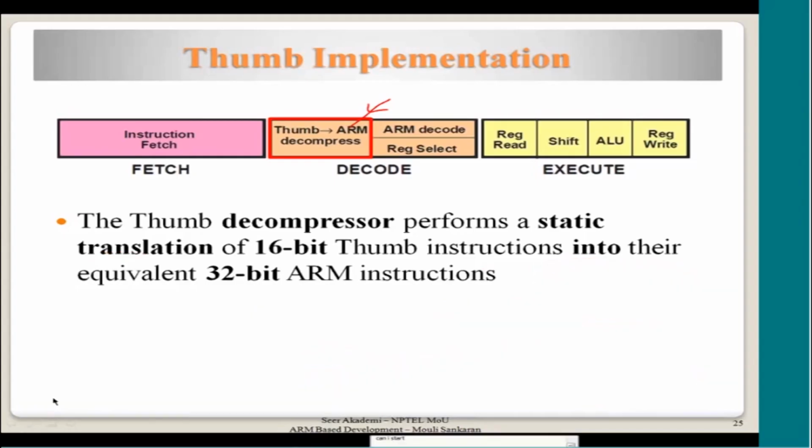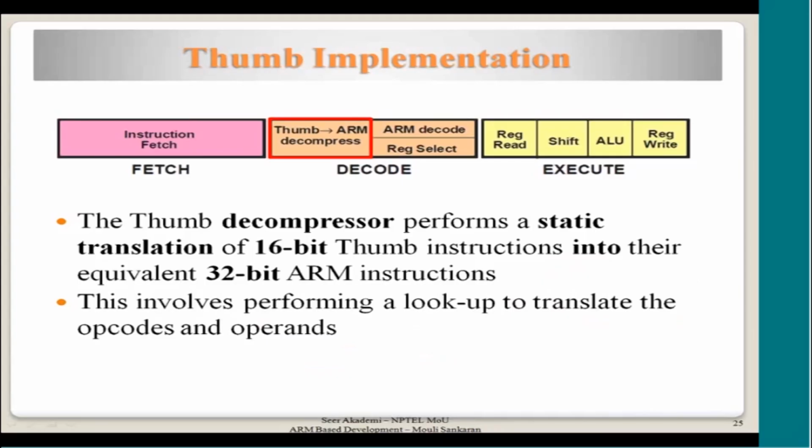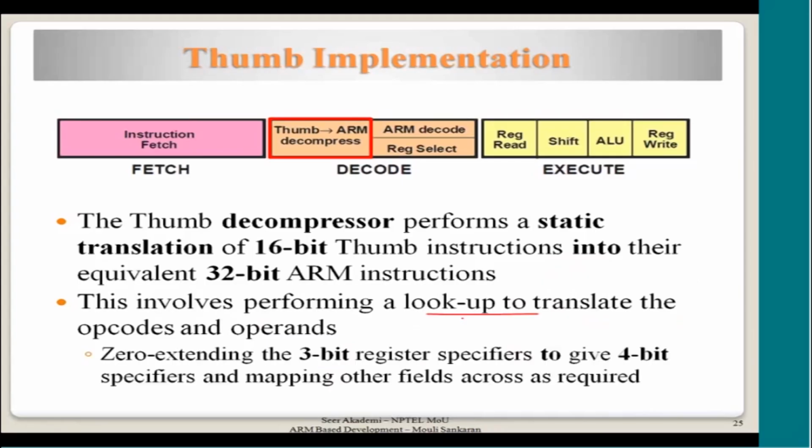This translation involves performing a lookup. The 3-bit registers are zero extended to 4-bit registers, because when it is converted into a 32-bit instruction, any register mentioned in the 16-bit instruction, maybe R1, which you would have mentioned as 001 in 3 bits, comes here as a 4-bit value. So it can be zero extended.